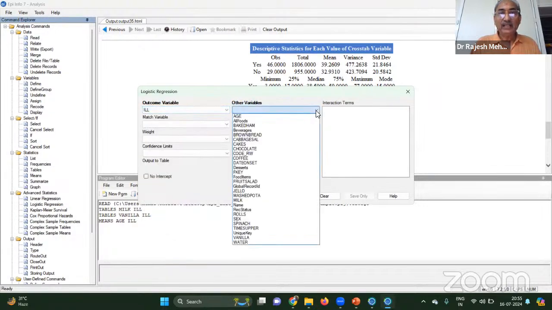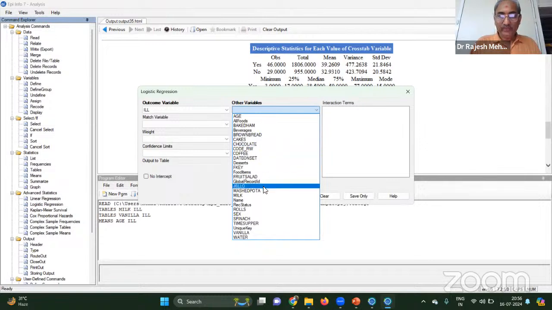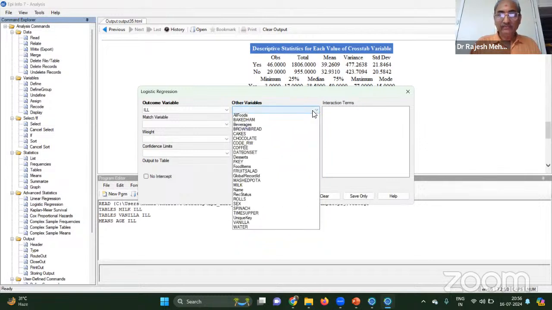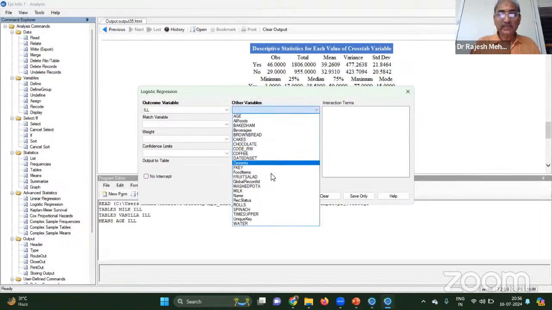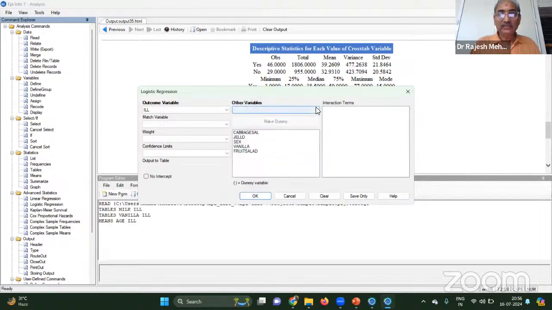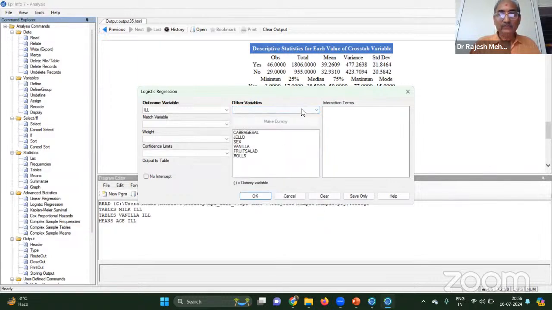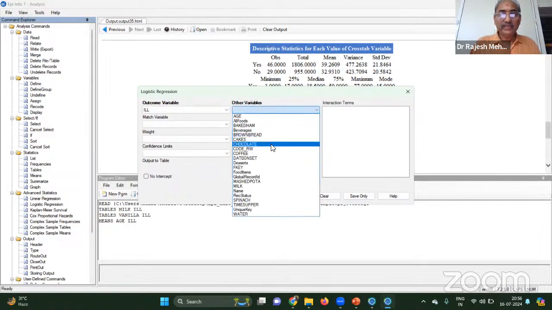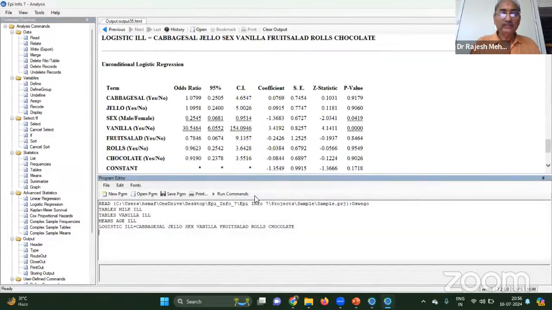Input variables are cabbage, only take 0 and 1 which can be converted, gender, then vanilla. You can take fruit salad, you can take rose. Take 6, 7 variables, chocolates, etc., and say okay.